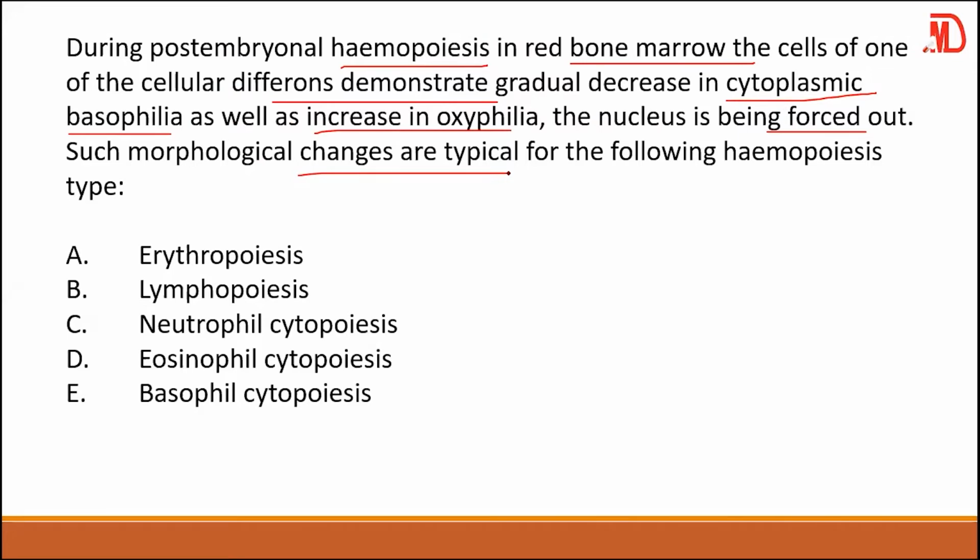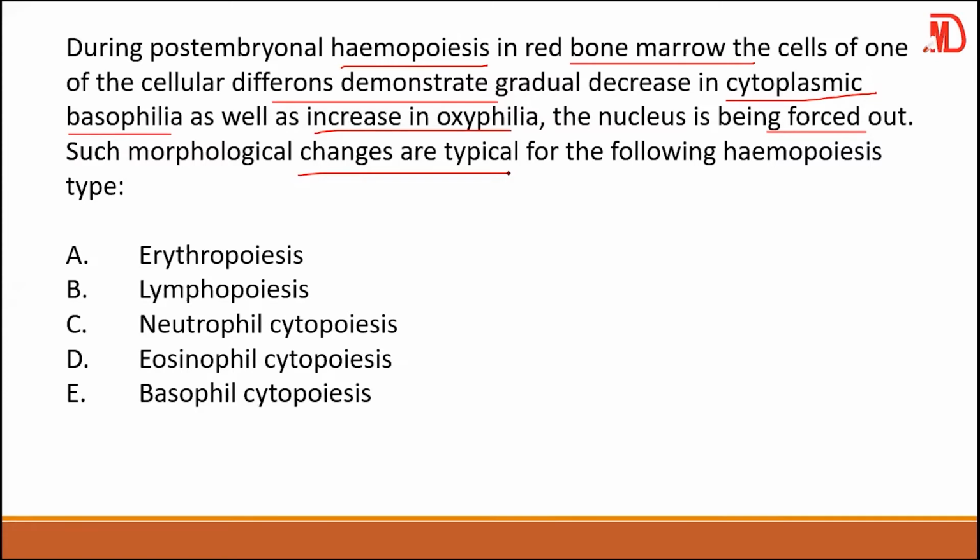Sorry. For the following what? Hematopoiesis. What it means is, which one of them are they actually referring to, or which one of them is going to be affected the most, or what is happening in this case? Before I go into the answer, you must know that the red bone marrow is the place whereby cells grow.